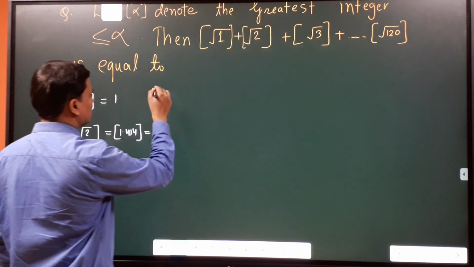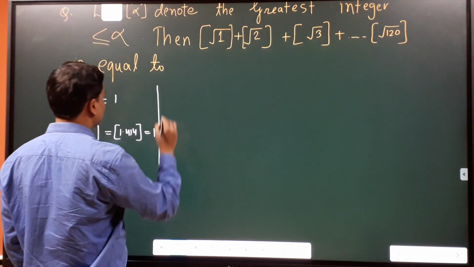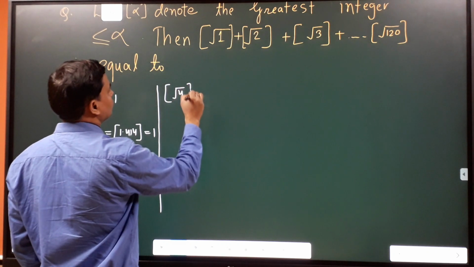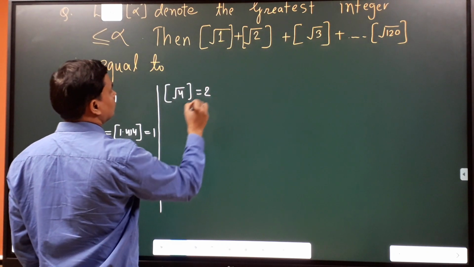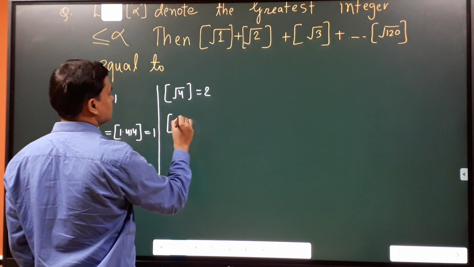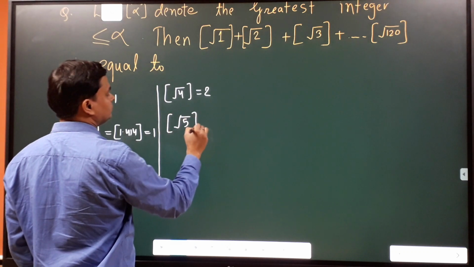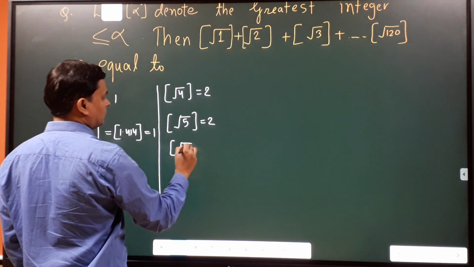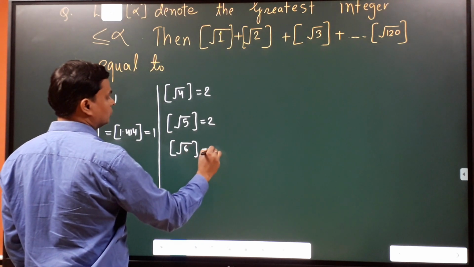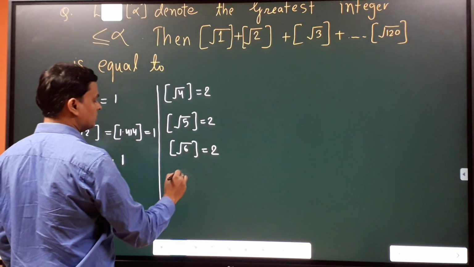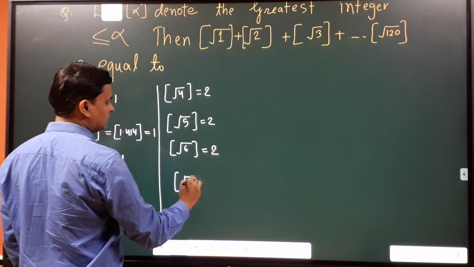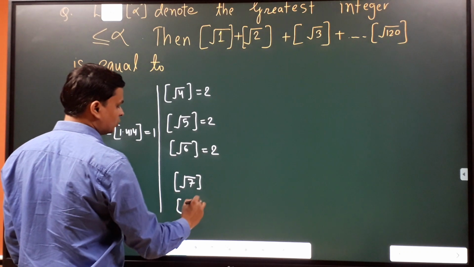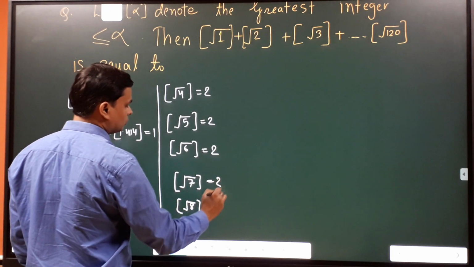Okay, so let me write it this side. I want to identify a pattern. So root 4 is equal to 2, root 5 is equal to again 2, root 6 will be again 2, because it will be something 2.a, root 7, root 8, these both will be again 2.